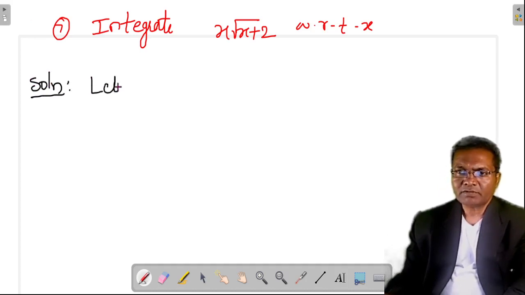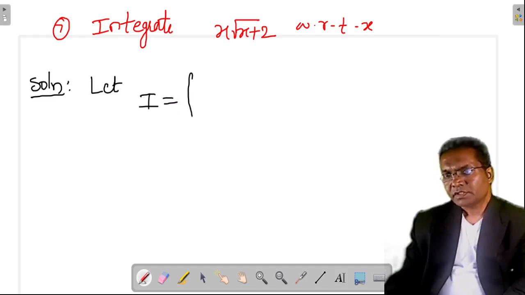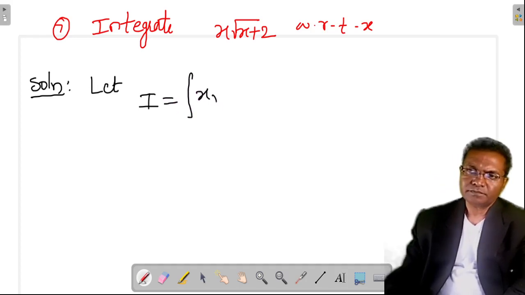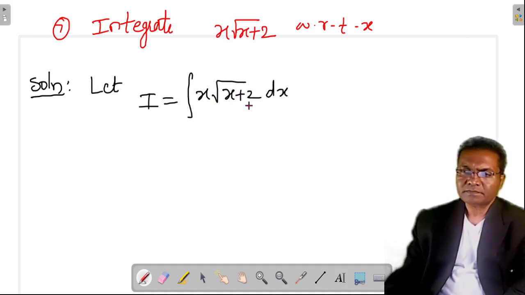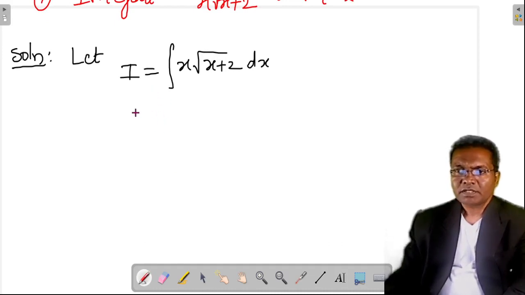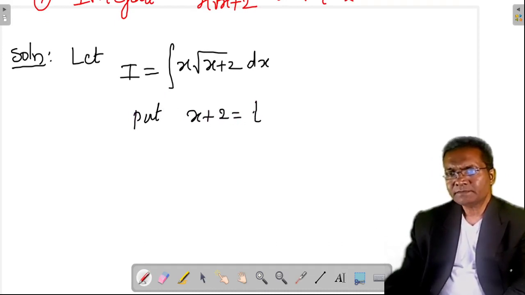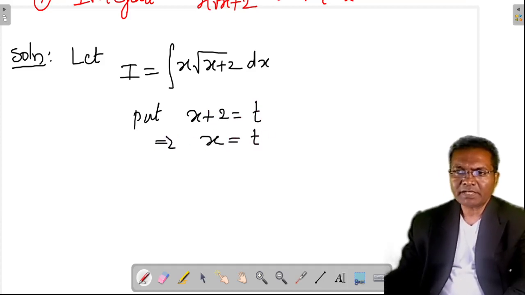So let I is equal to integration of x into root of x plus 2 dx. Now make a substitution here. Put x plus 2 is equal to t, and from this you will get x is equal to t minus 2.